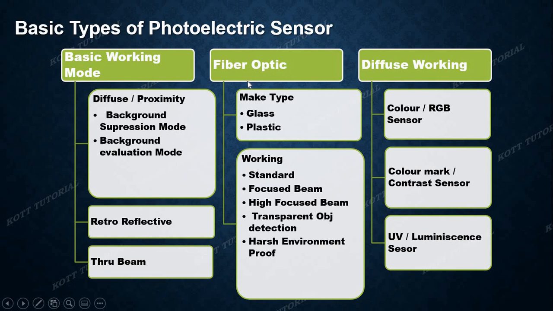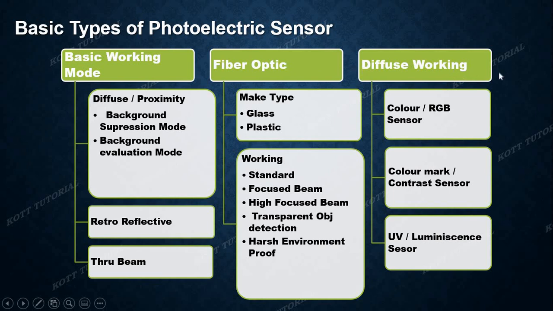Fiber optic. Now fiber optic photoelectric sensor, we say it as fiber optic. The reason is that they use fiber optic cables. That's why they are called fiber optic photoelectric sensor. And they are further divided into make, type and working.